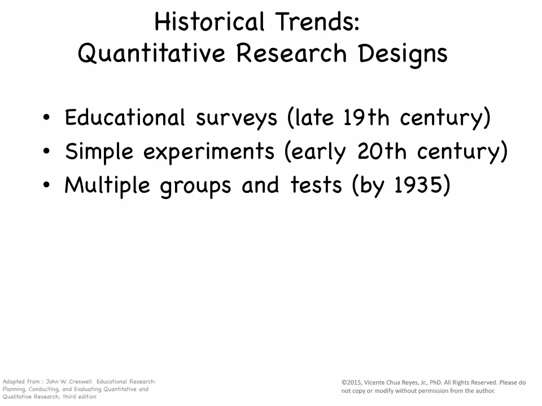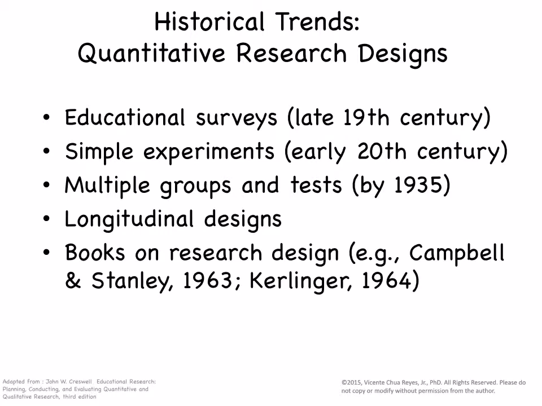Multiple groups and tests was a trend that followed later, and this happened in the middle of the 20th century. This was followed by longitudinal designs, and in the 60s, authoritative books on research design emerged. Some of these would be the works of Campbell and Stanley and Kerlinger.